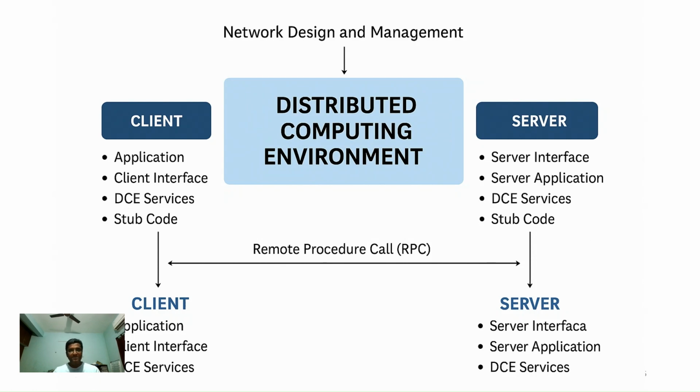This client and server are integrated through RPC, the remote procedure call. Whatever the client requests is accessed from the server. The application, the client interface, and the DC services on the client side are matched on the server side by the server interface, the server application, and the DC services.